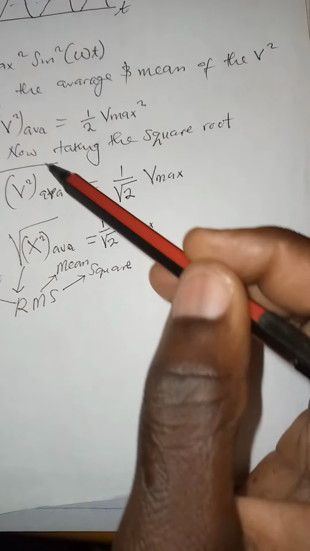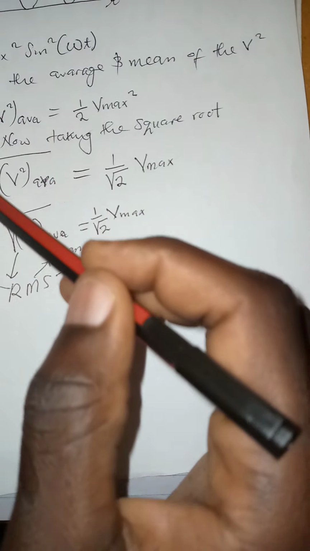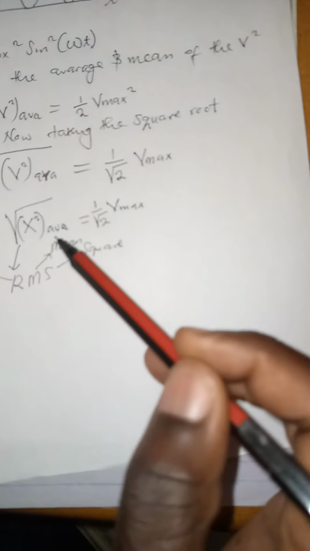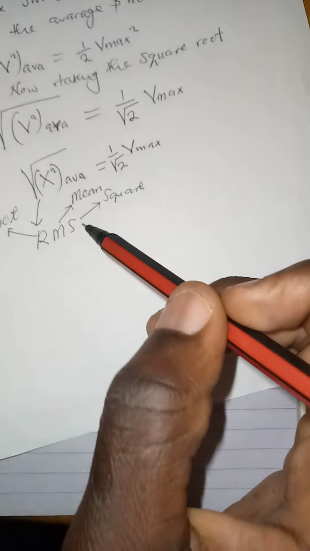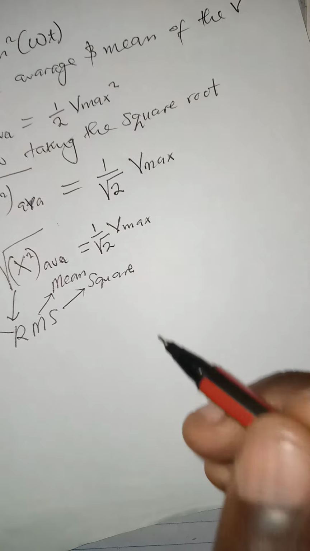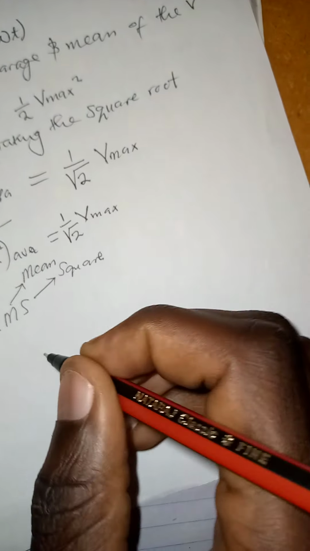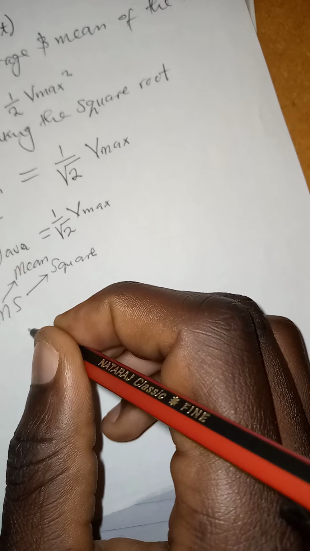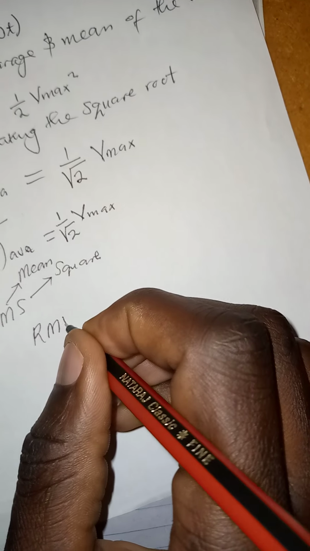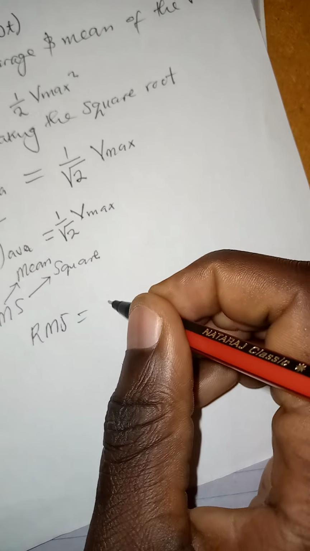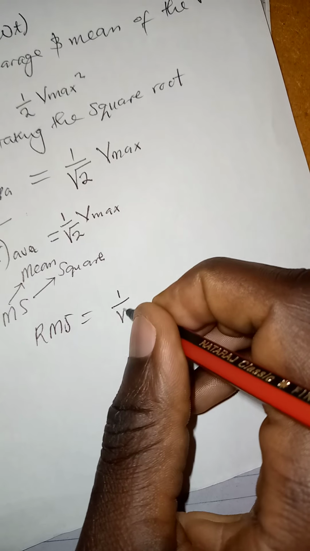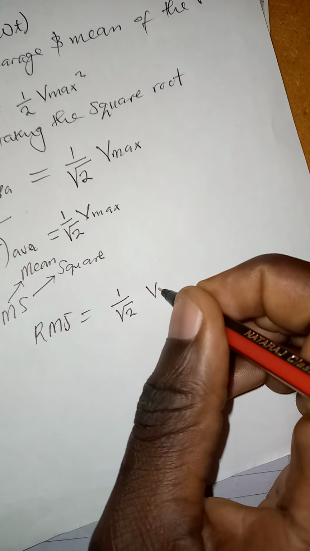So from there you take the square root. So if you take the square root, you end up getting this. So this is the RMS value. Basically speaking, RMS is equal to 1 over root 2 v squared.